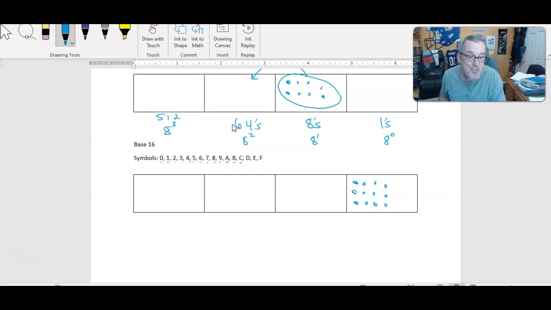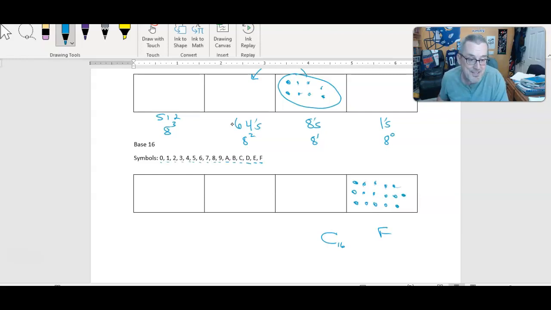If you had 12 blue dots in base 16, you would just say C base 16. And people who work with this kind of stuff all the time, when they see C base 16, they know that's the 12 blue dots. But as soon as you got to 13, 14, 15, as soon as you got to 15, you would use the letter F to represent 15.